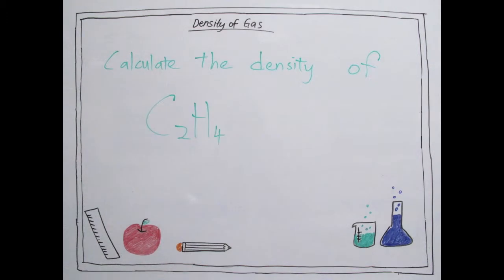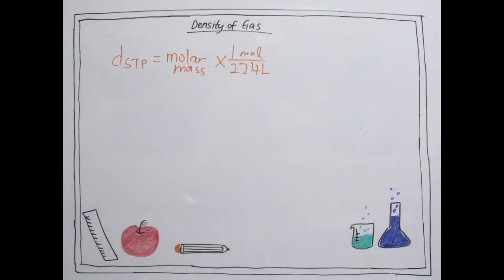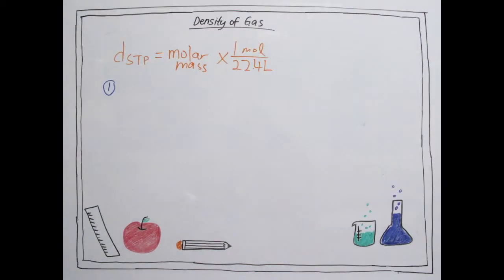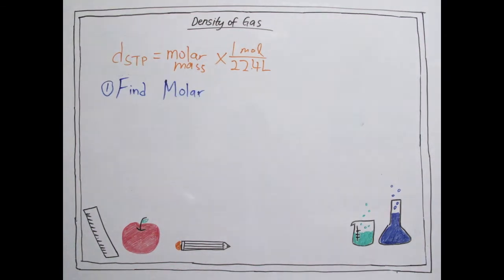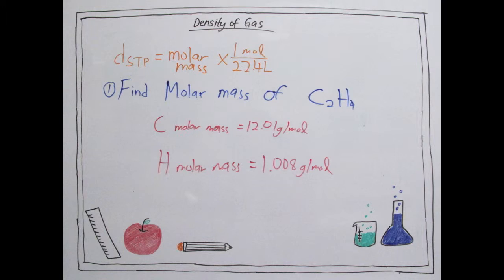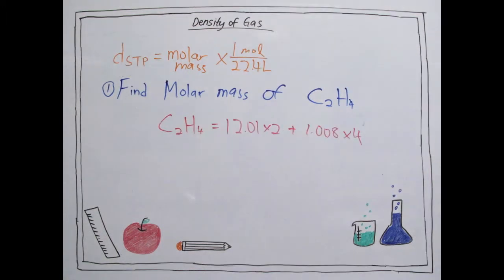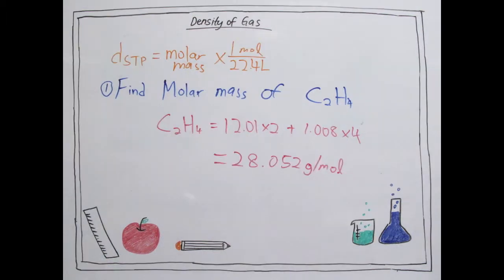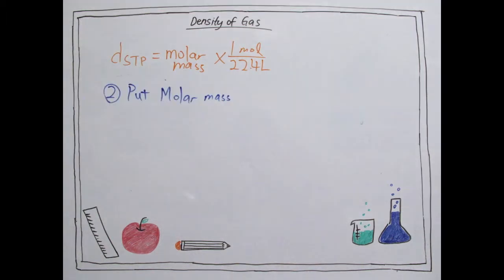Calculate the density of C2H4 at STP. First, find the molar mass of C2H4. The molar mass of carbon is 12.01 grams per mole and hydrogen is 1.008 grams per mole. Therefore, the molar mass of C2H4 is 12.01 times 2 plus 1.008 times 4, which equals 28.052 grams per mole.